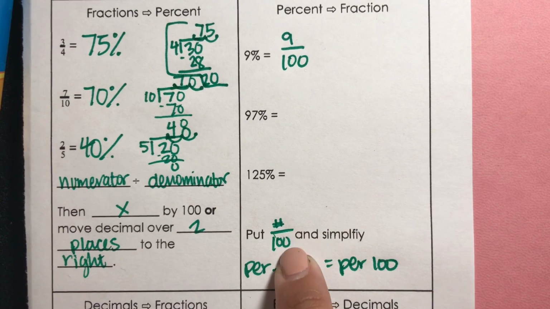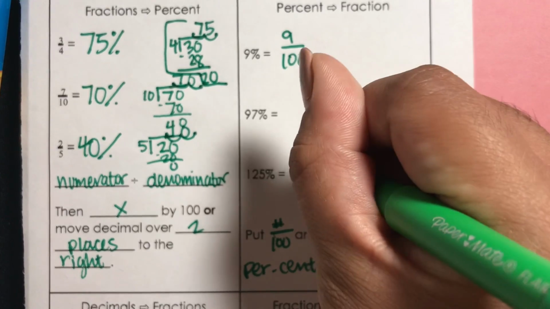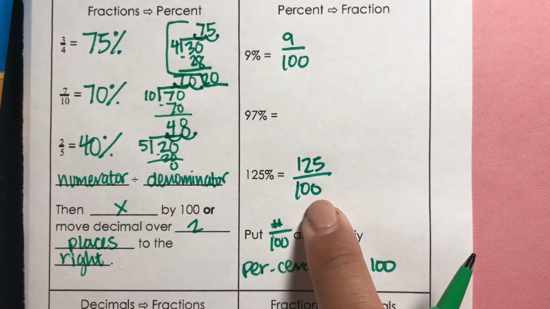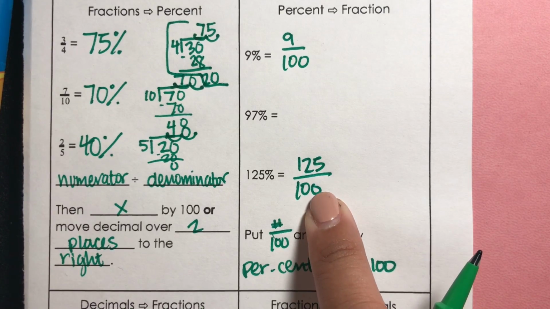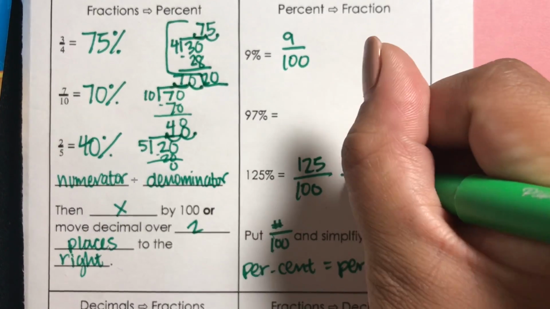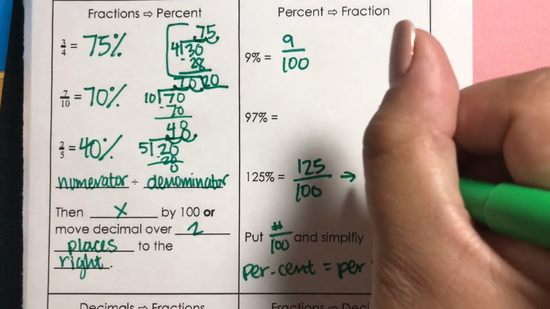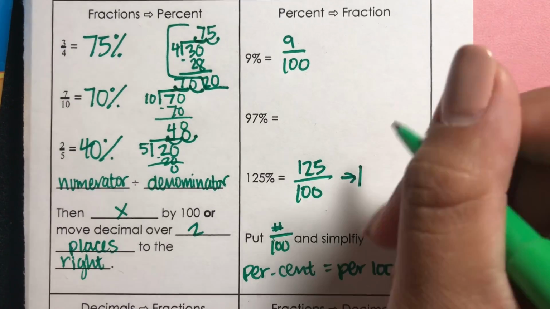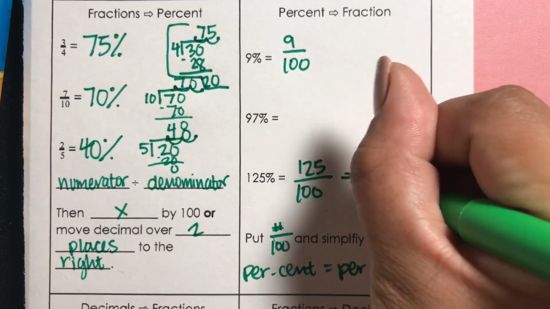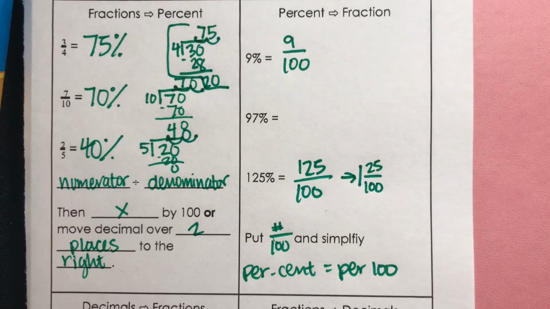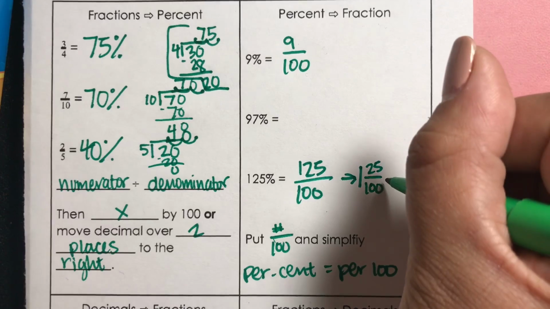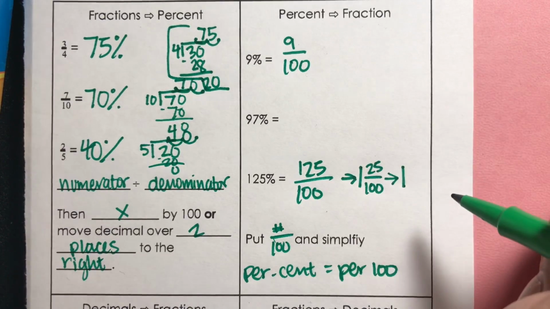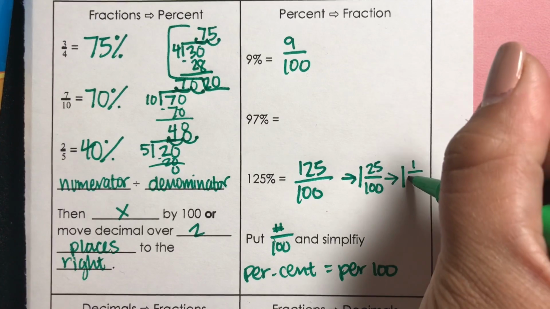We have the number over 100, which is 125 over 100. Now that can be simplified because that is an improper fraction. If we simplify it, it's one whole, because in 125 there's 100. It's going to be 25 over 100, but that can still be simplified. It should be 1, and 25 over 100 is 1/4.